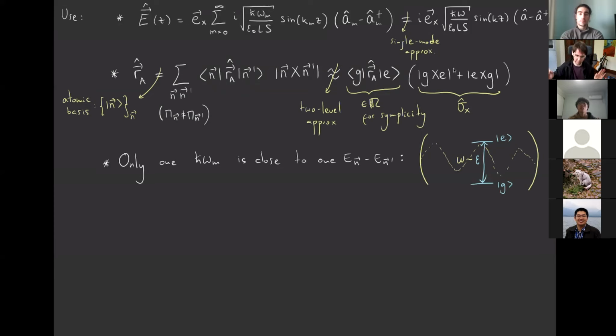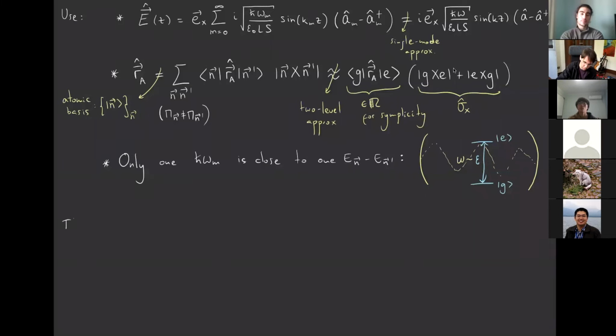So essentially, this is the situation that we are going to analyze, and it's a situation that typically happens in a lab. In a lab, you have atoms, you put the atoms inside of some kind of cavity where you have quantized light, and then you make sure that only one transition is resonant with one cavity mode, so that you can manipulate easily both the light and the atom.